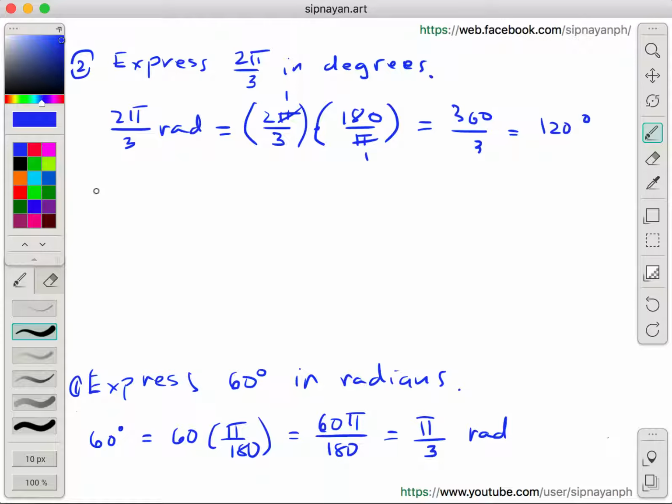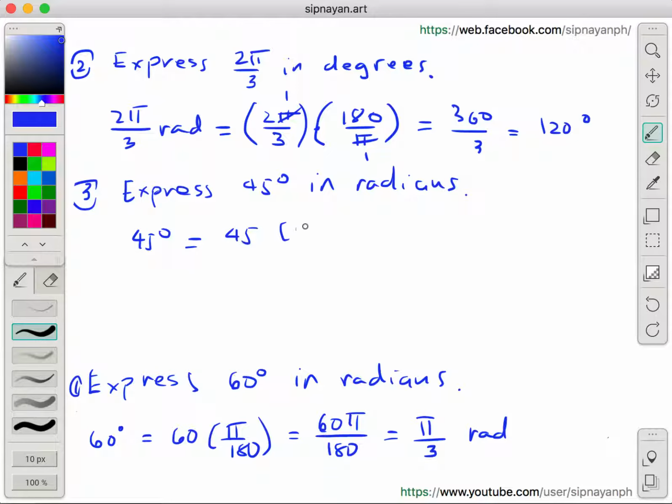Okay, just one more example, siguro, or two more. We have 3. Express 45 degrees in radians. So, we have 45 degrees equals 45 times pi over 180, which is equal to 45 pi over 180.